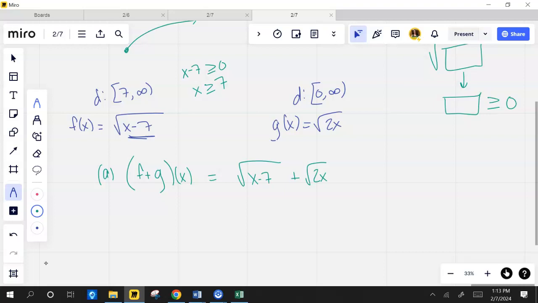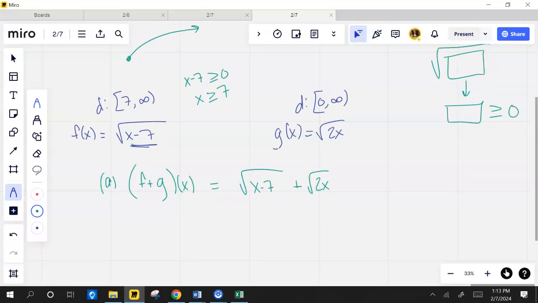But now I need the combined domain, so let's think about this for just a minute. If f has to be bigger than 7, and g has to be bigger than 0, and if I leave something out of one, I have to leave it out of both. So it's what they share. It's the area that they share. Think about it on a number line. Here's 0. Here's 7, right? One of them's got to be bigger than 0. The other's got to be bigger than 7.